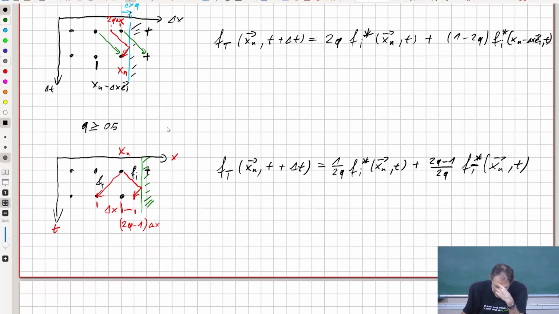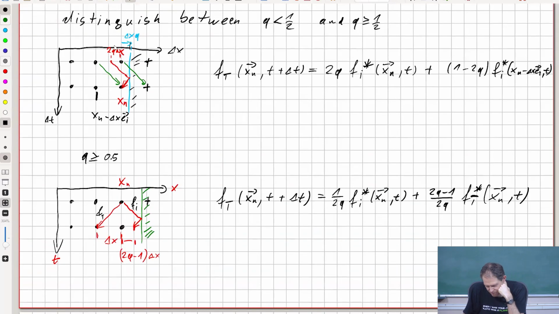Let me just go back. The disadvantage of this method is related to distinguishing between q smaller than 1/2 and q larger than 1/2.